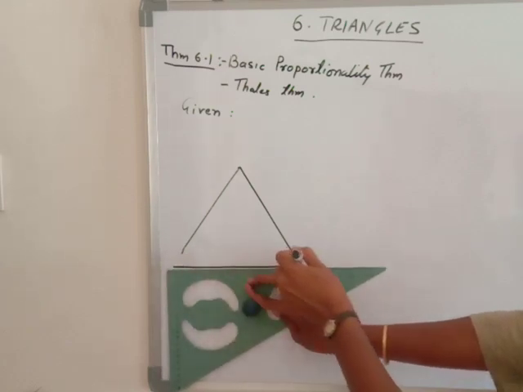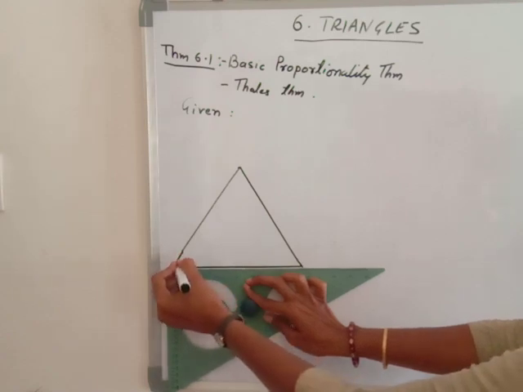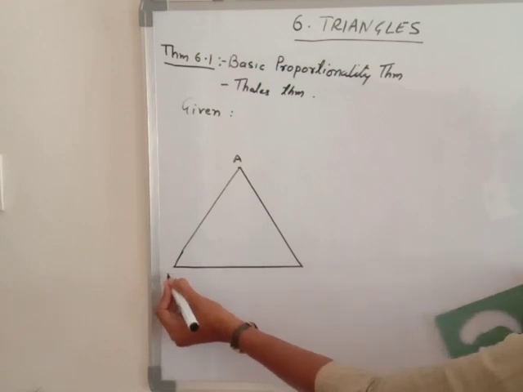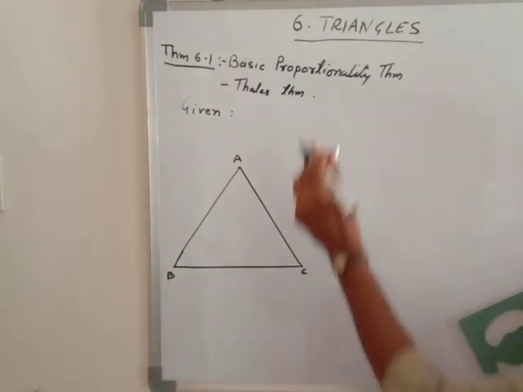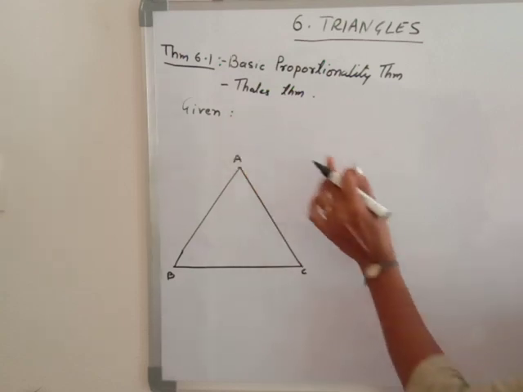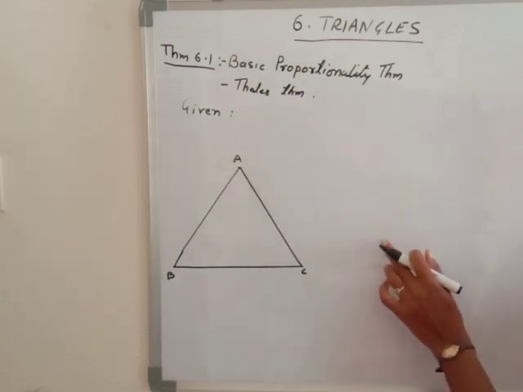Let us give the name of this triangle ABC. This theorem is most important and usually comes for 4 marks in the exam.